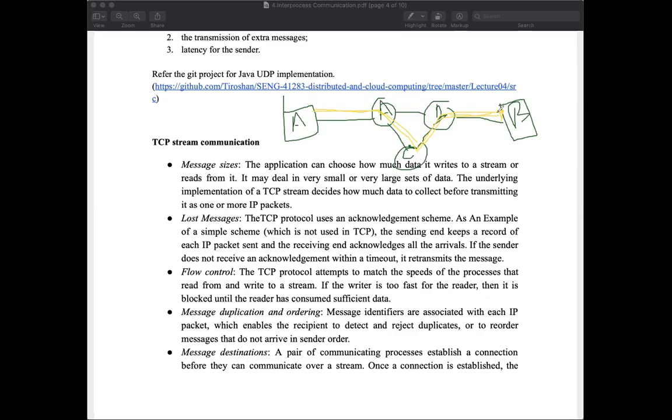But with TCP, an initialization call happens between A and B in order to find a path, not necessarily the shortest path. Find some path which can reach from A to B. So that's the basic idea. There can be some paths which are shorter than the identified path.